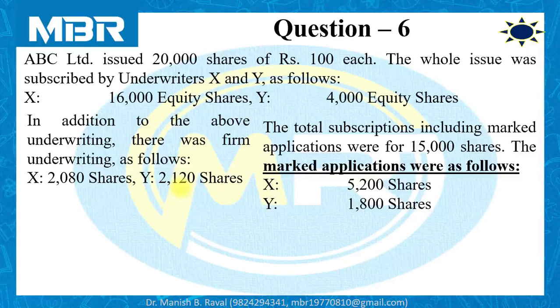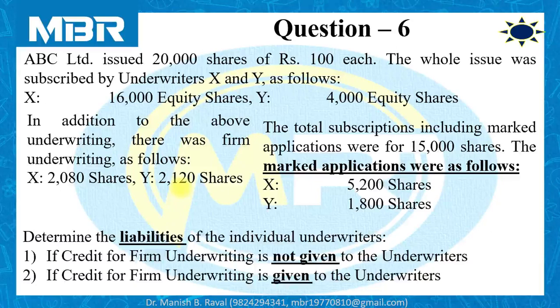If you analyze the question, all other items are similar to the earlier questions. Only the information regarding firm underwriting is additional for this question. Rest of all other items remain the same. Now, for this question, we have to determine the liabilities of the individual underwriters.